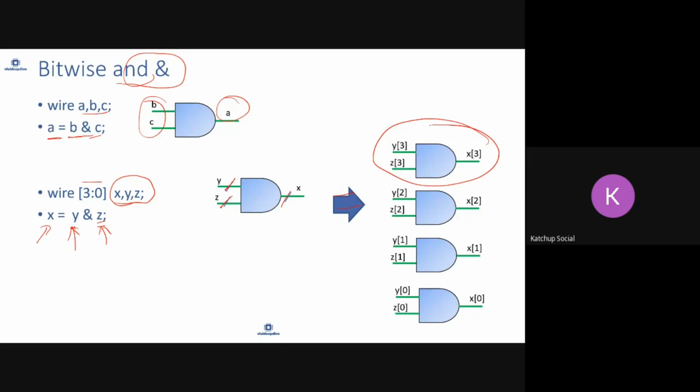Otherwise, it will not work. X2 is Y2 AND Z2, X1 is Y1 AND Z1, X0 is the AND of Y0 and Z0. So by using this, you have created a bitwise AND operator on each bit. Okay? This is the meaning of a bitwise operator.